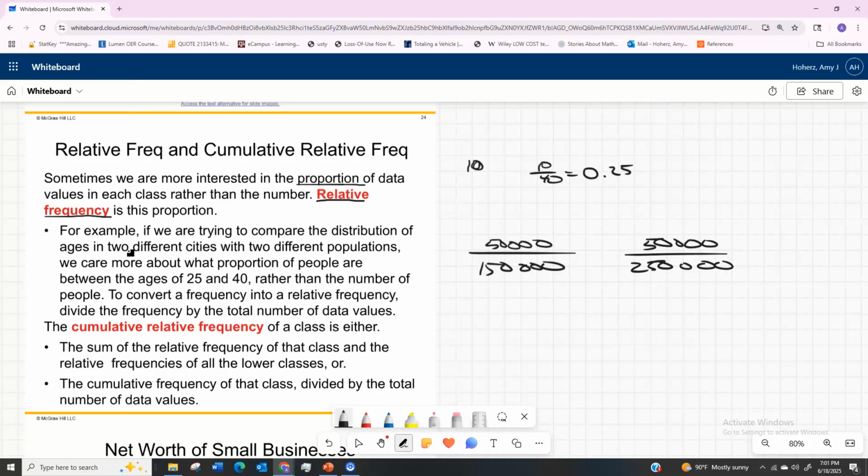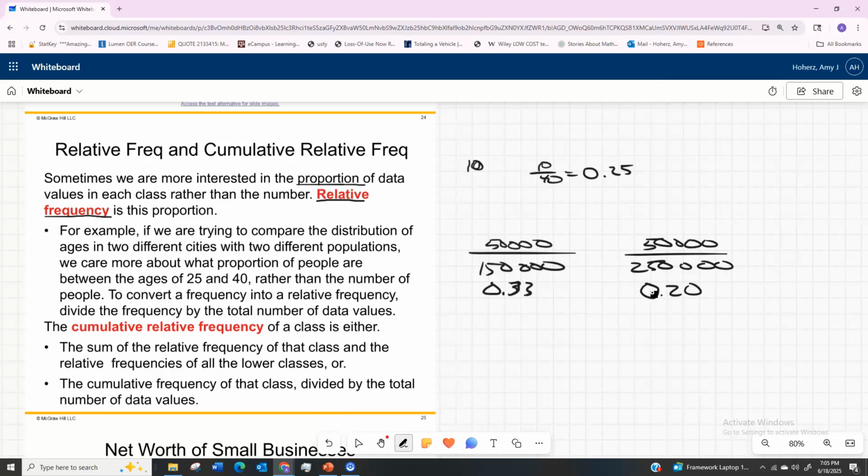But you can see that the proportion is much larger in the first city because it's 50,000 out of only 150,000, whereas in this city, it's 50,000 out of 250,000. So if we gave their proportions and said that the first city was 0.33 and the other city was, when we divide these, this comes out to be 0.2.